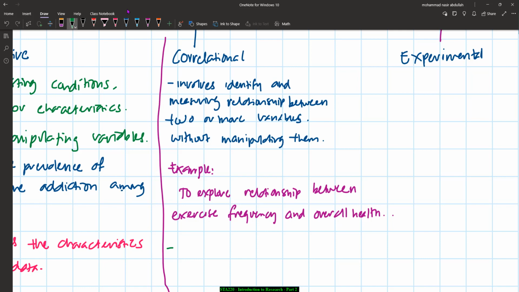So it can be applied at a larger scale, right? More easily lah. Selagi senang kita nak buat study ni dengan kadar yang besar. Sebab apa? Sebab we are not manipulating the variable, right?